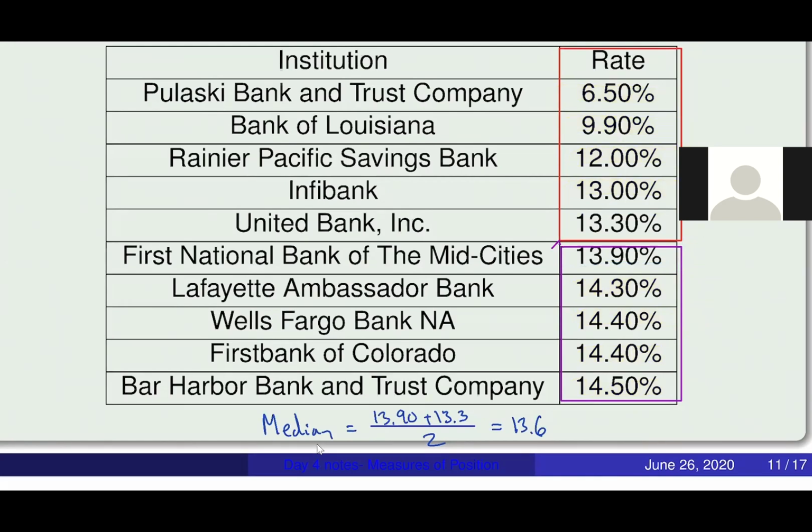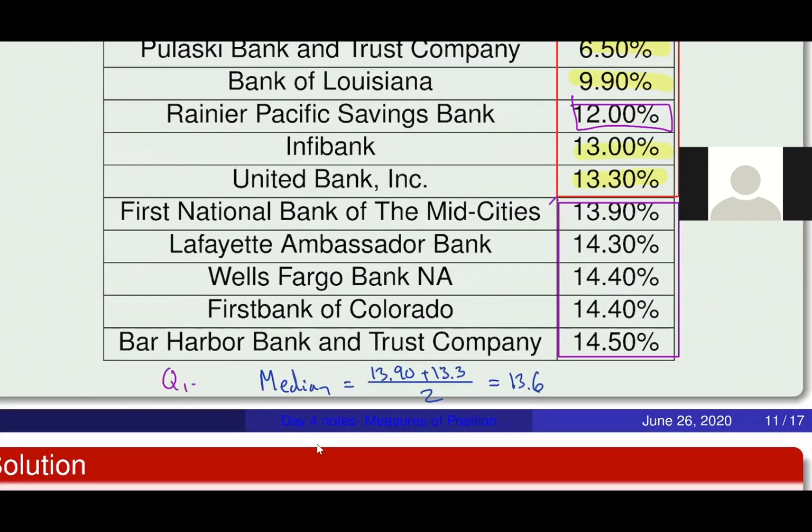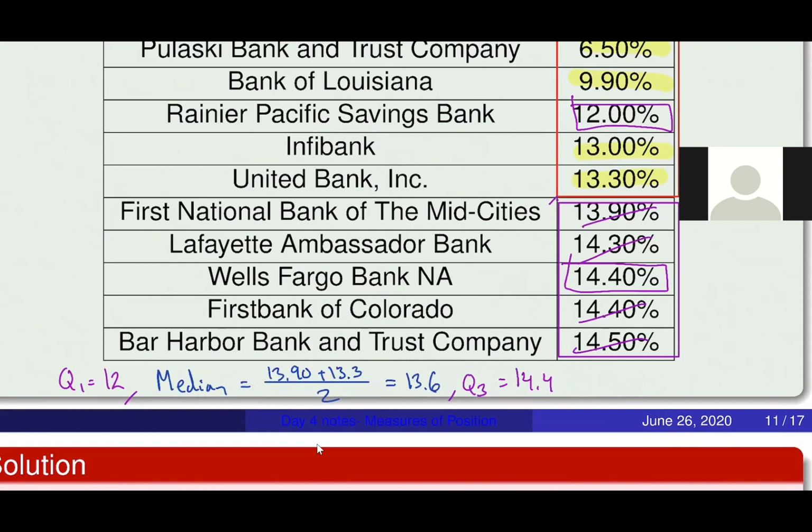All right, let's go ahead and find quartile 1. So cross, cross, cross, cross, and here's quartile 1. Cross, cross, cross, cross, that's quartile 3. Everybody get how we found quartile 1 and quartile 3? The last thing we're going to do is find the IQR.